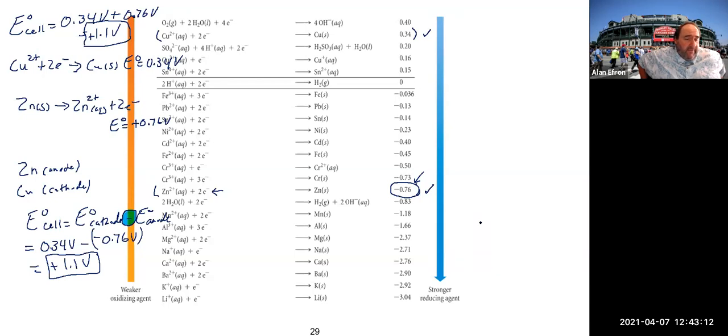Don't do both, otherwise you'll screw it up. You could do it either way, but that's why it's cathode minus anode, because you could just simply go to the table. You don't have to worry about switching the sign, because the subtraction will switch the sign for you. Technically speaking, if you want to write everything correctly, you should switch the sign and add them together. So your call, however you want to do it. I would choose one way and stick with it.